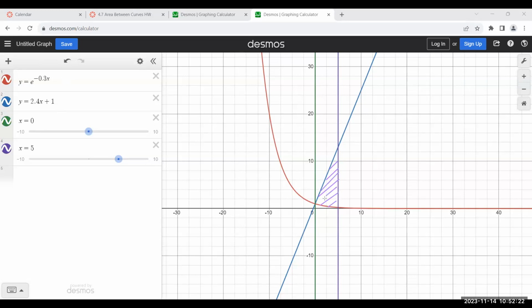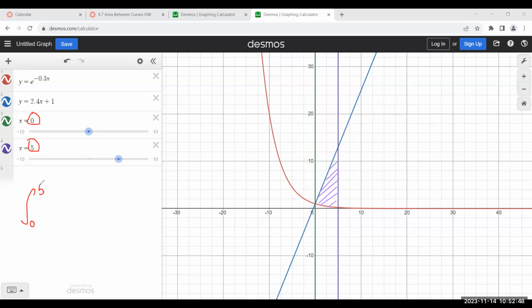So I'm going to set up my definite integral, right? So I'm going to have the definite integral from, and these numbers were given to us in the beginning, so we know we're going from 0 to 5. So from 0 to 5.